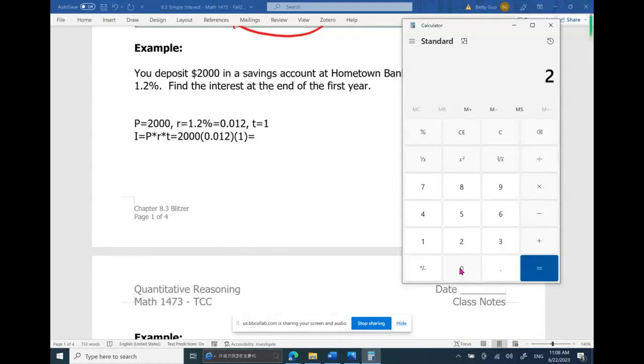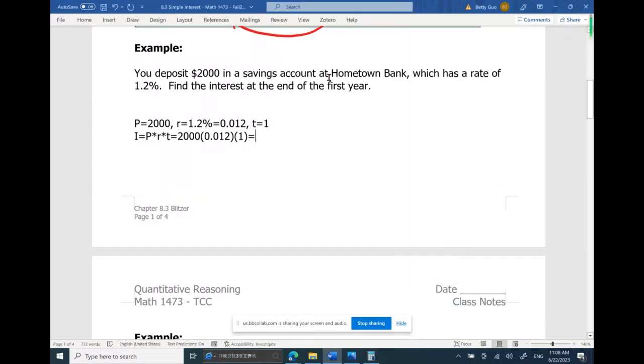$2,000 multiplied by 0.012 times 1 equals $24. Right?